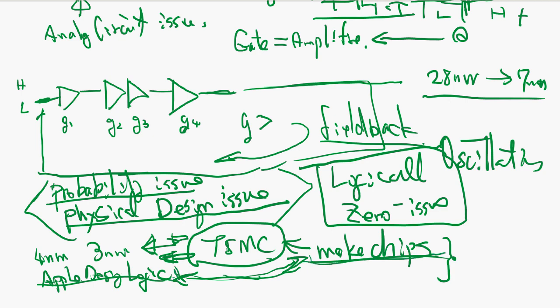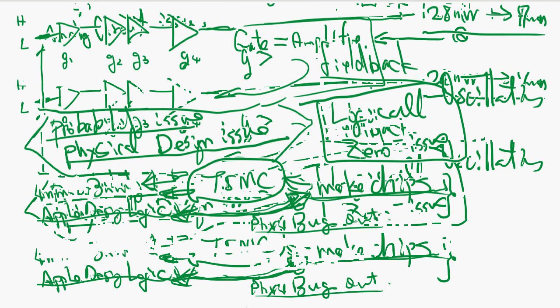This has to be done by the chip manufacturer. But is the chip manufacturer willing to spend that much money to bug out all the physical bugs? This is a real world problem. So scaling is not that easy. It's not just changing transistor size. Every physical parameter changes around.